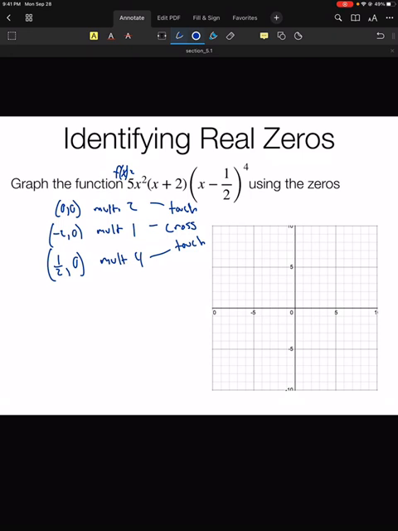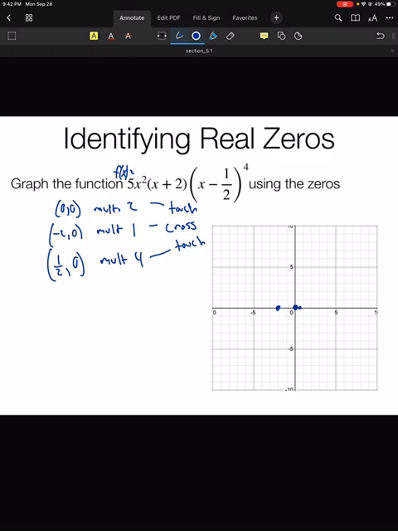The points that we know are on this function, our solutions to this function, are (0, 0), (negative 2, 0), and (1/2, 0).